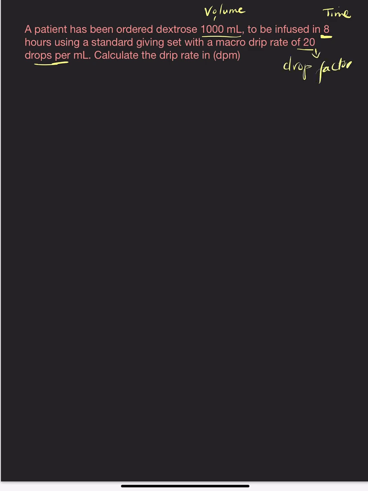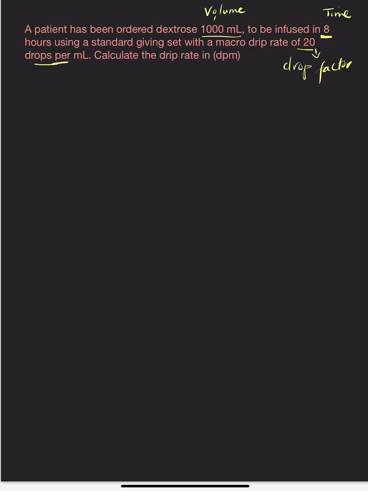There are two drop factors, by the way. It's either 20 drops per mil or 60 drops per mil. When we use 20 drops per mil, that means it's a macro drip. It's giving you big drops, and this one will be used for adults. When we have another giving set giving 60 drops per mil, that means small drops coming through, but so many of them.